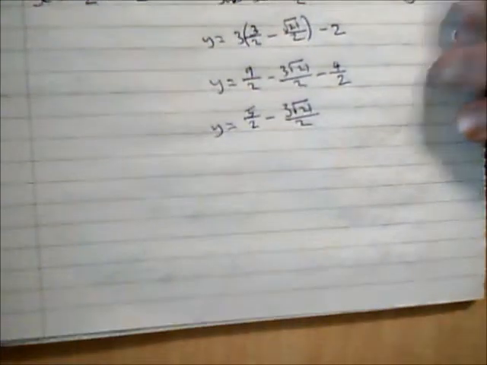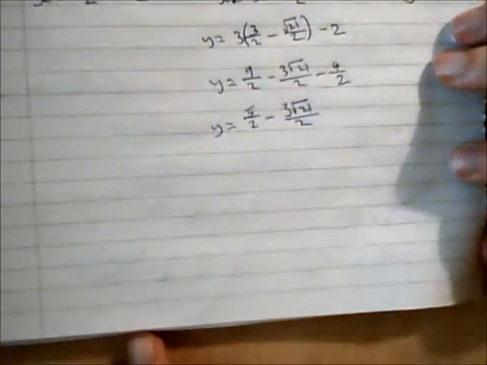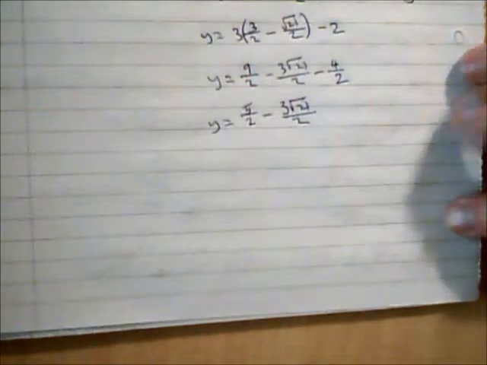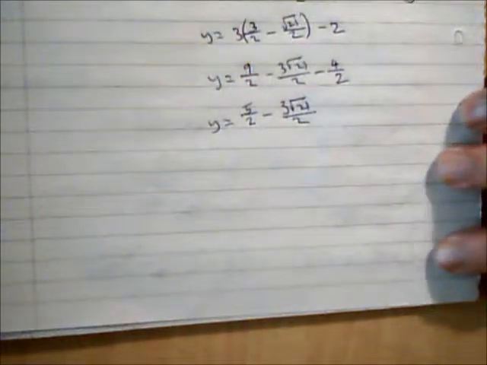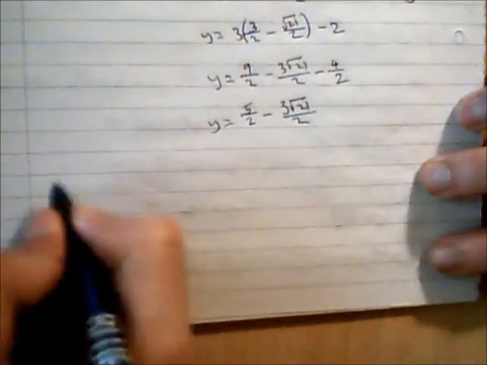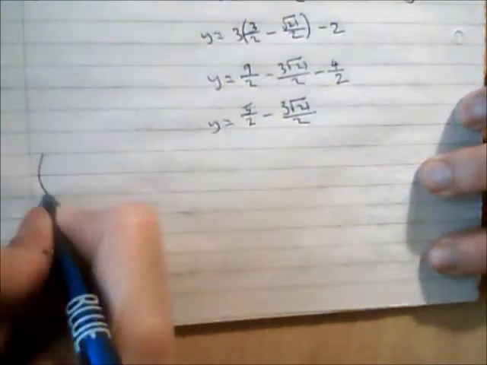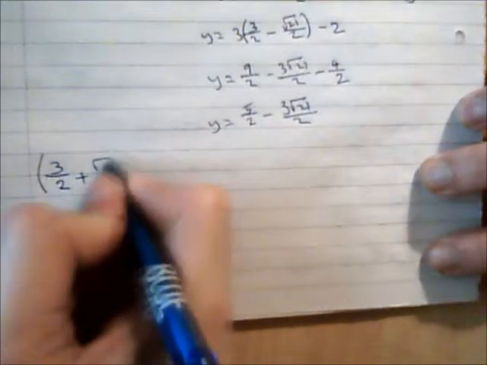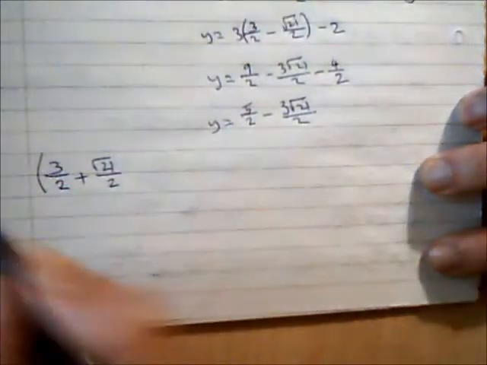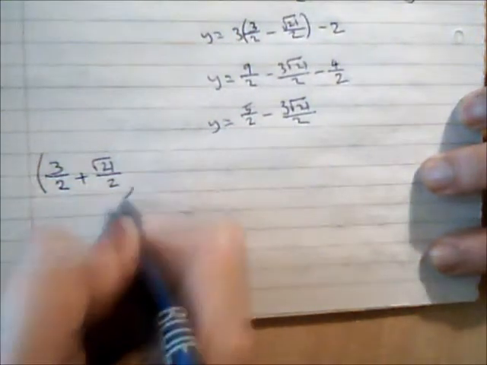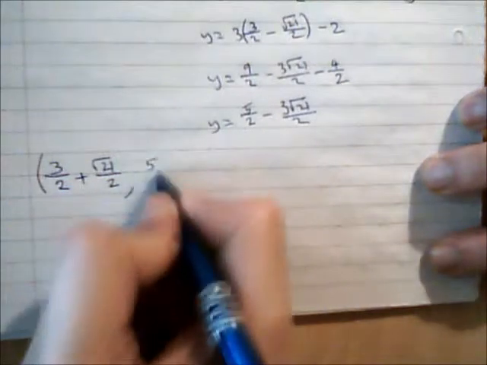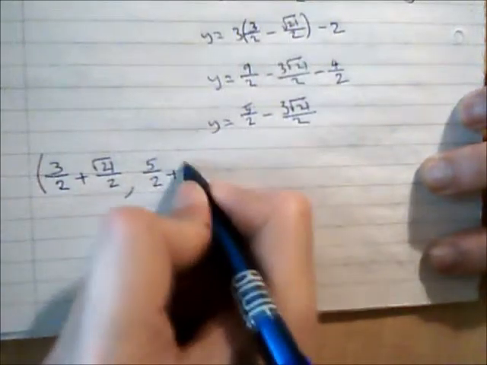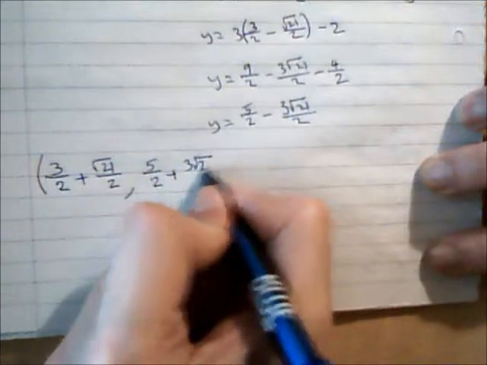And the thing you've got to be really clear about here is we had two solutions for x and we had two solutions for y, and we have to make absolutely clear which solution goes with which. So I'm going to do this in the form of coordinates. So the solution where x was 3 over 2 plus root 21 over 2 gave us a y coordinate of 5 over 2 plus 3 root 21 over 2.